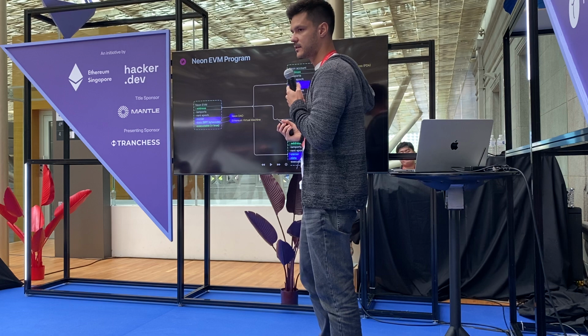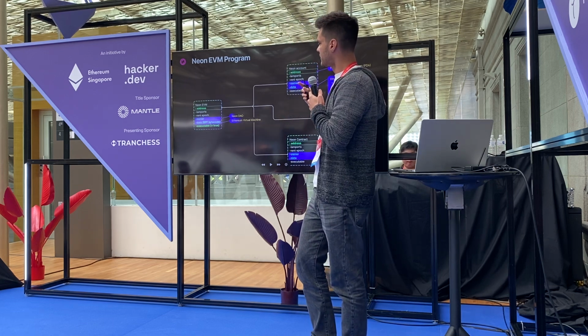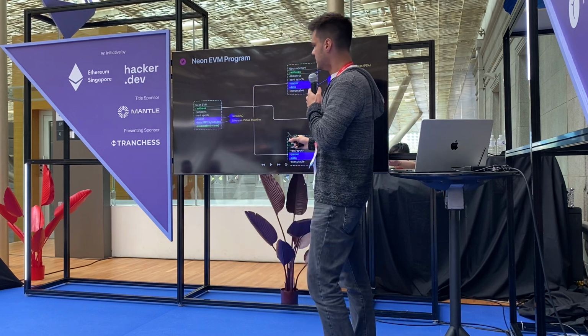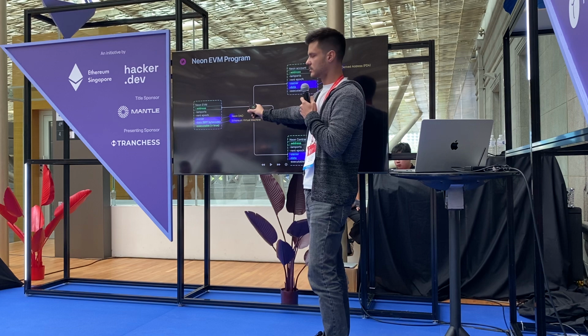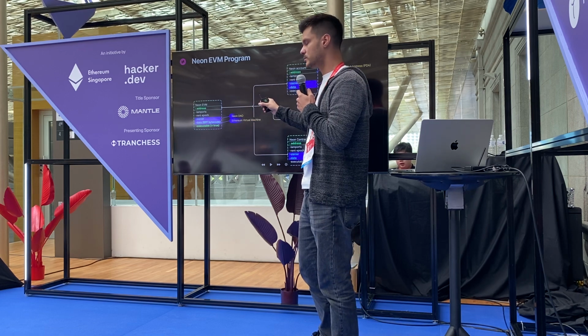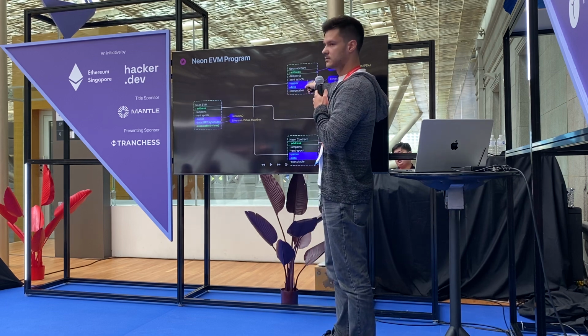and let's have a look at how Neon EVM looks. Because as I mentioned to you, Neon EVM is actually a smart contract. So it's a Solana program that basically can execute EVM bytecodes, and it can create new accounts.